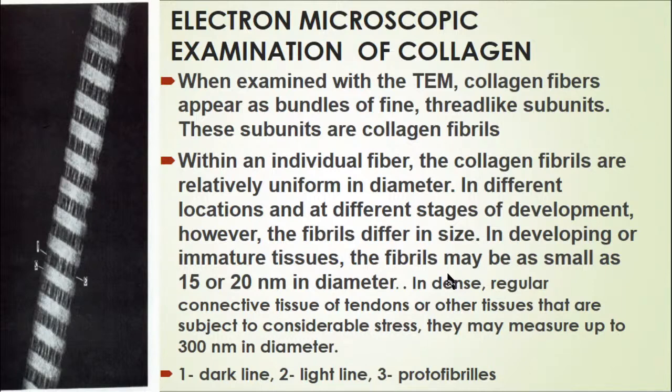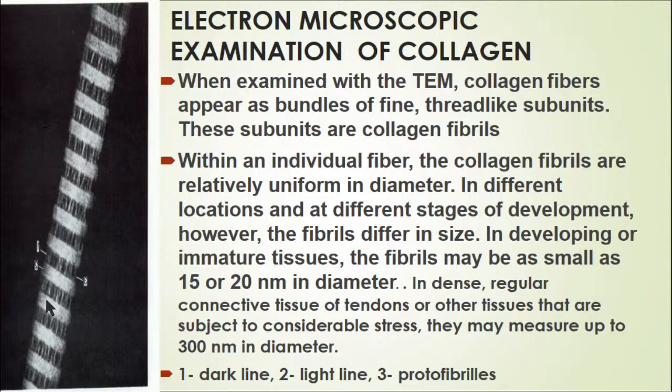Within an individual fiber, the collagen fibrils are relatively uniform in diameter, in different locations and at different stages of development. However, the fibers differ in size. In developing or immature tissue, the fibrils may be as small as 15-20 nanometers in diameter. In dense regular connective tissue of tendons or other tissues subject to considerable stress, they may measure up to 300 nanometers in diameter.